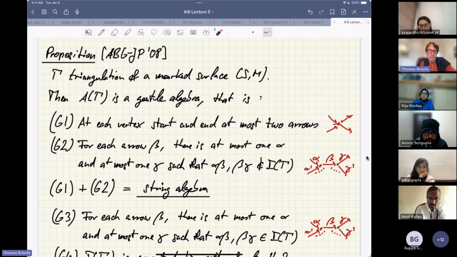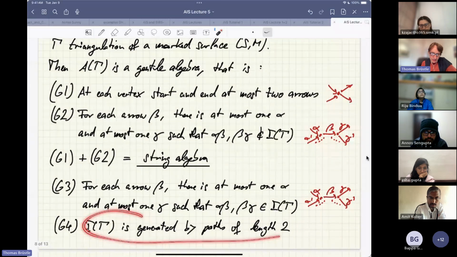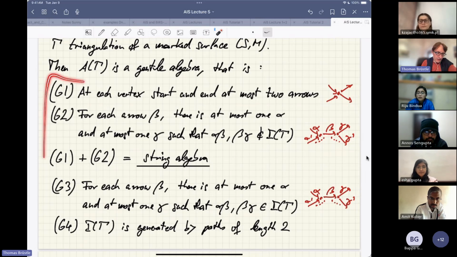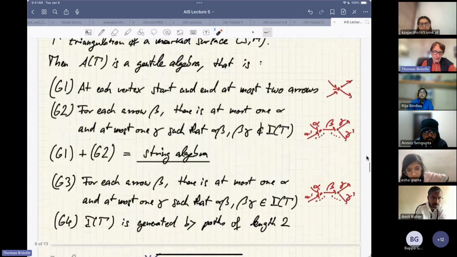That's good. Okay, and finally, these are all the relations that are generating the ideal. There are no longer relations of length 3 or 4 or something else. So an algebra satisfying these four conditions is called a gentle algebra.